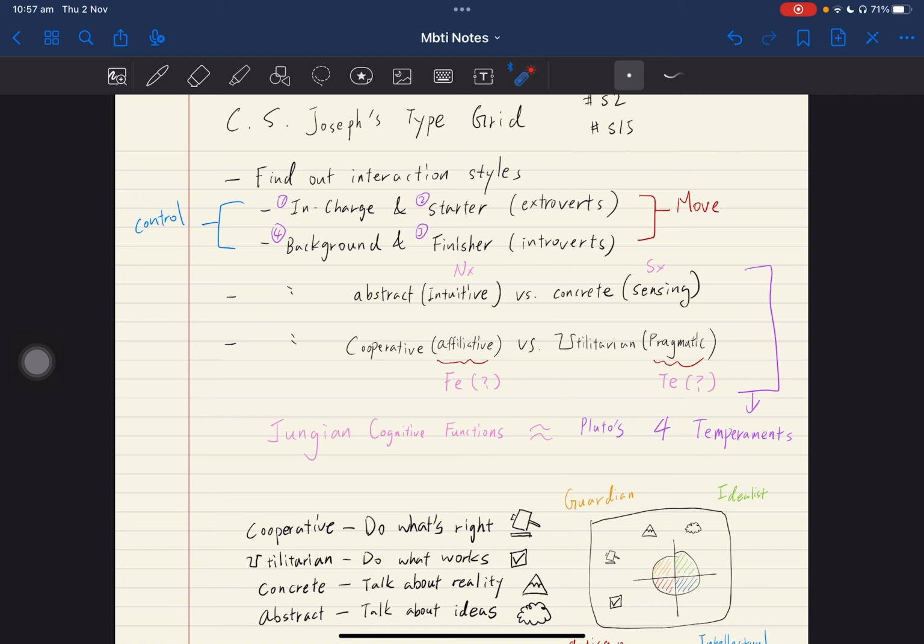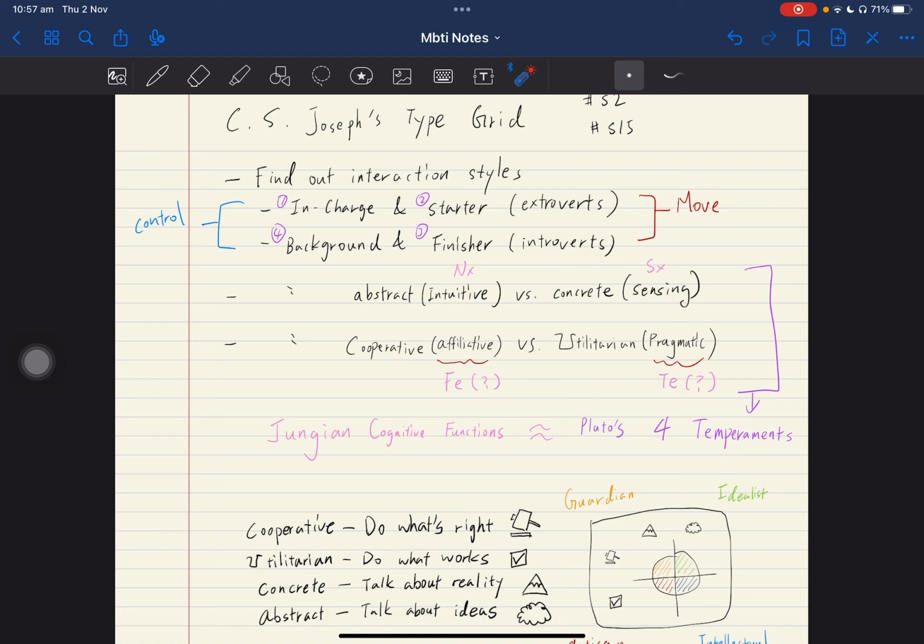Introverts and extroverts is a good division, but it's not precise enough because you still get your 8 types of extroverts and 8 types of introverts.